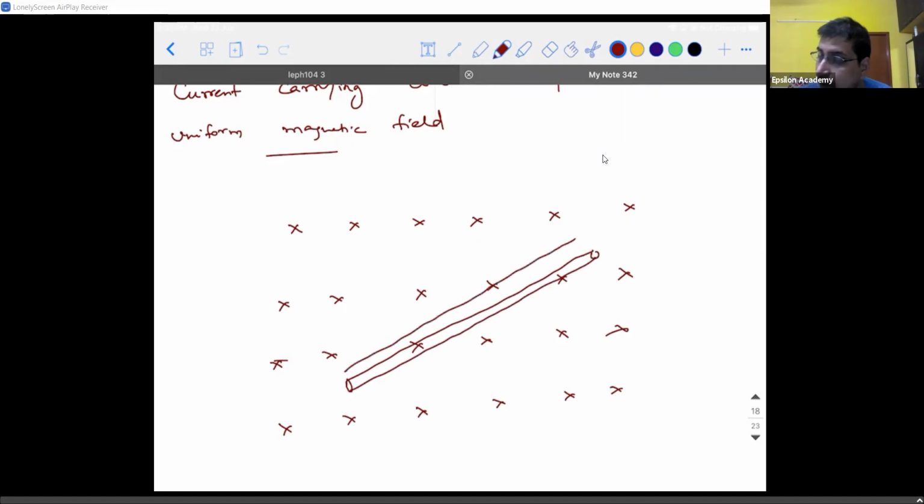Let's say you have a current carrying conductor like this, which is of length L, and it is placed in a uniform magnetic field of value B. And let's say the current in this conductor is flowing in this direction. Let me call it I. Now listen.